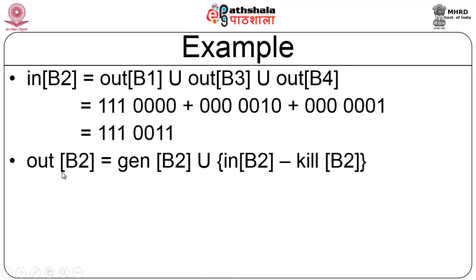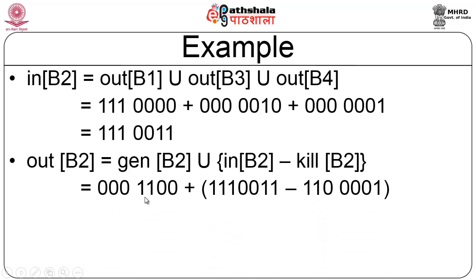Now, out of B2 will be gen of B2. I am talking about only one situation inside block B2 inside the loop. Okay. So, here initially out of B1 is gen of B1 etc. Now, out of B2 will be gen of B2 union in of B2 minus kill of B2. Now, this is what is in of B2.